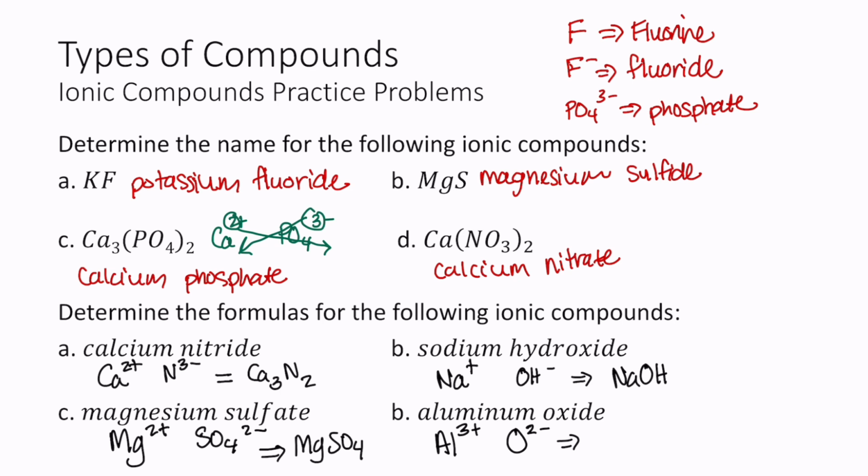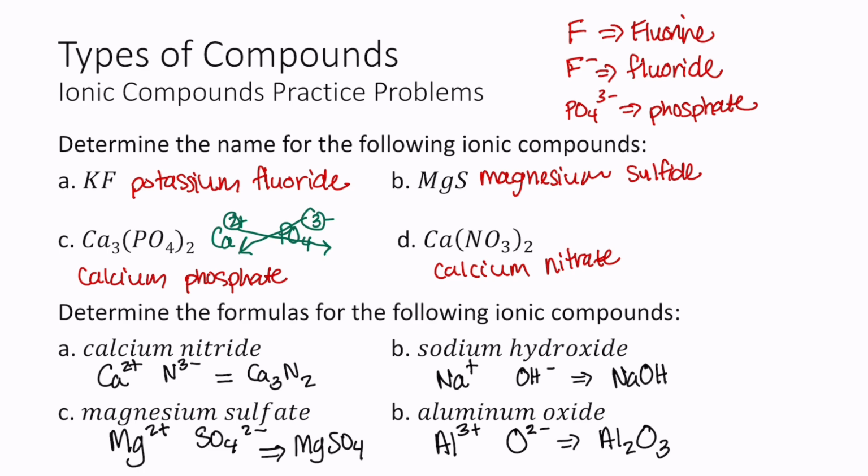So I can't just say there's one aluminum and one oxygen because that would not give me a charge neutral compound. So I'm going to have 2 aluminum. We can cross the 2 over here. Notice that when I'm using the cross method, I don't take the charge with it. I only use the number. And then we can write our oxygen, and we're going to have 3 of those.